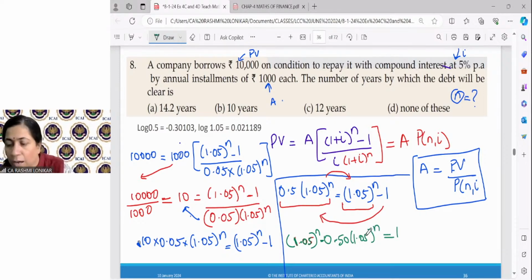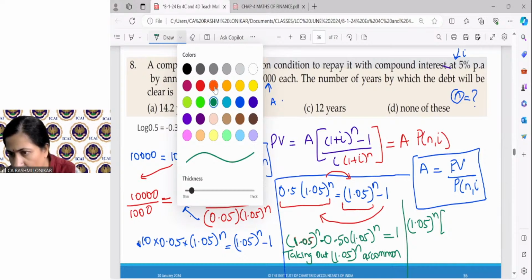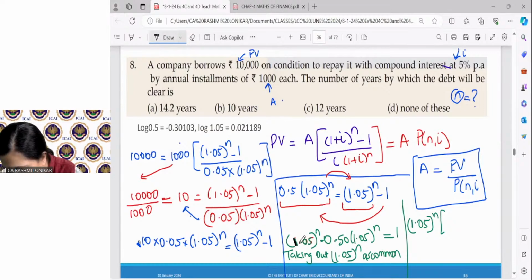I will take out 1.05 raised to n as common. What will I get? I will get 1.05 raised to n.